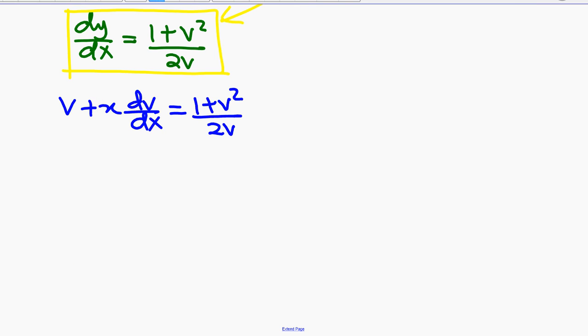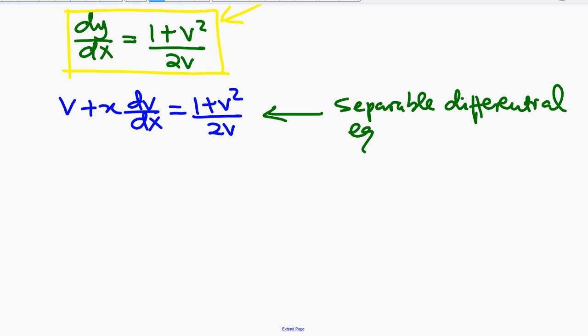This is a separable differential equation. So you just need to separate the variables.